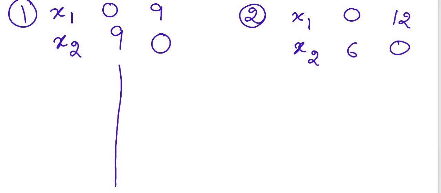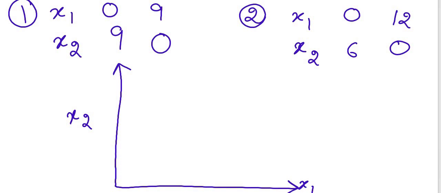This is our x-axis and y-axis. Here we will show the values of x2 and here the values of x1. So we will plot points like 3, 6, 9, according to the values of x1 and x2. This is 3, this is 6, and this is 9.